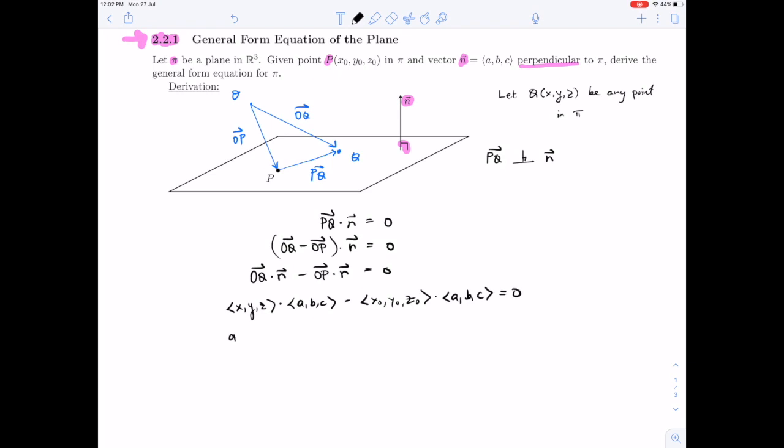Writing out the dot product, I get ax plus by plus cz minus, open a bracket, ax0 plus by0 plus cz0, has to give me 0. Now take a look at all this. This is comprised of the normal vector (a, b, c) and the point (x0, y0, z0). That's given. In other words, everything there is just constant.